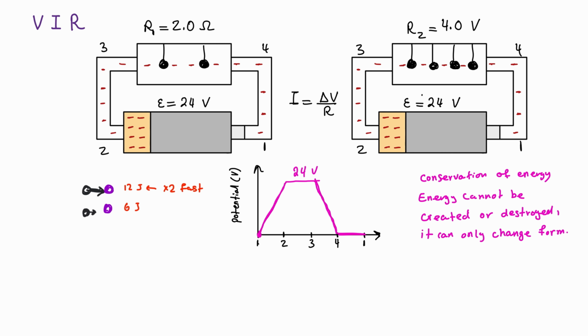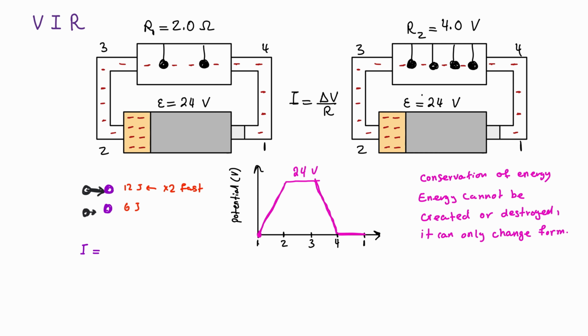So the idea here is the current is the ratio of the potential difference to the resistance. In the first one, I'm going to write this down over here, the current is equal to the change in potential difference.